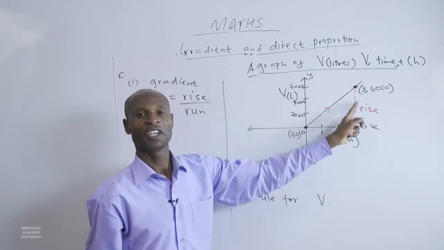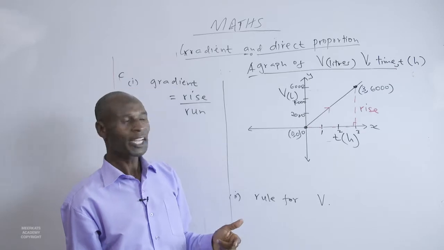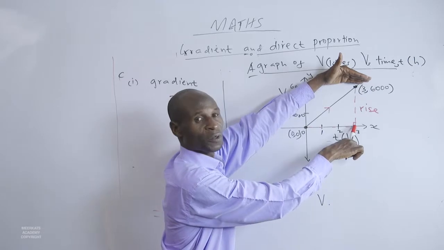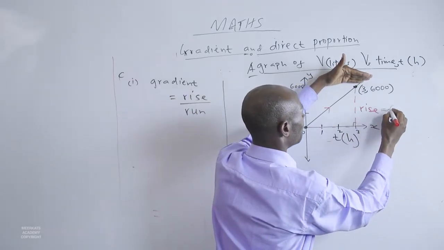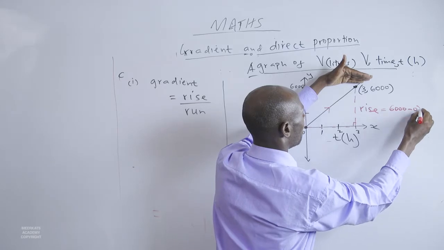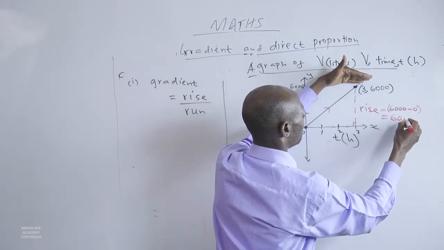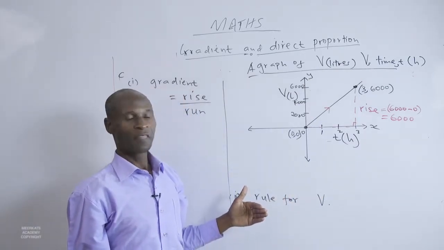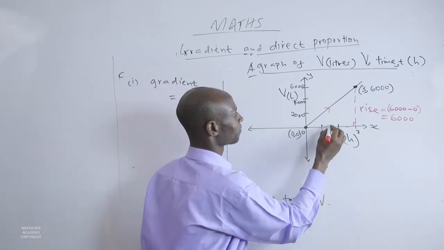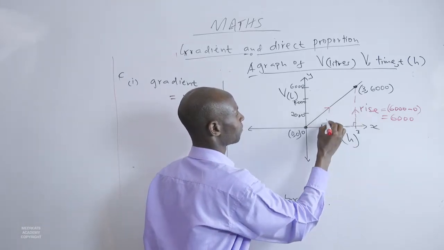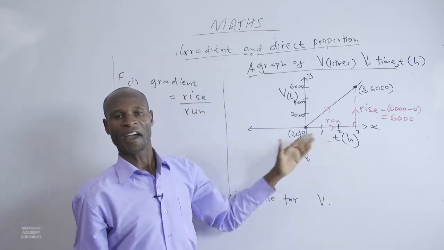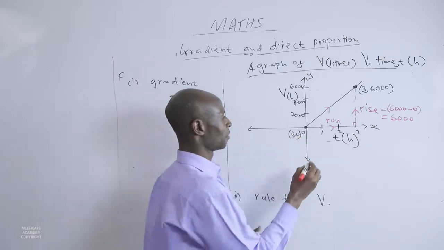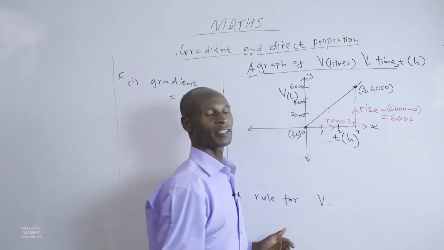That is the change in the y coordinate. To get the rise, it will be 6,000 minus 0, which gives us 6,000. Then, to get the run, we take 3 minus 0, which gives us 3.